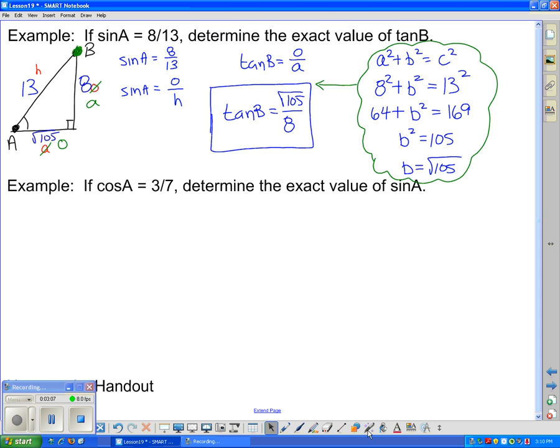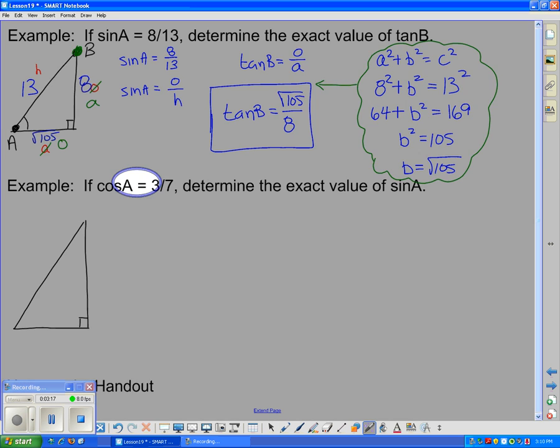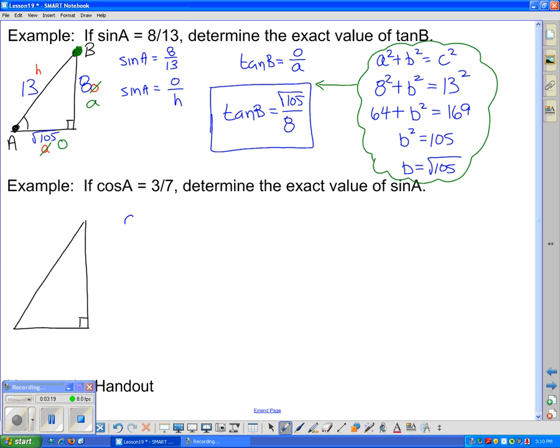So the second example, same thing, right angle triangle. What is the information giving me? This gives me a ton of information because I know that cos A is equal to 3 over 7. That's given information. The cos function is adjacent over hypotenuse.